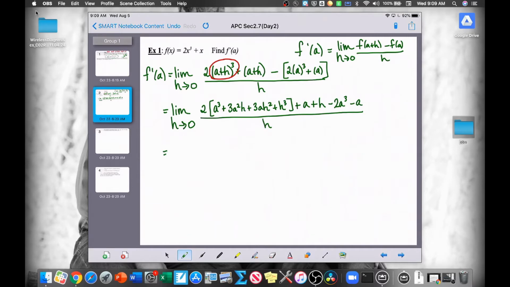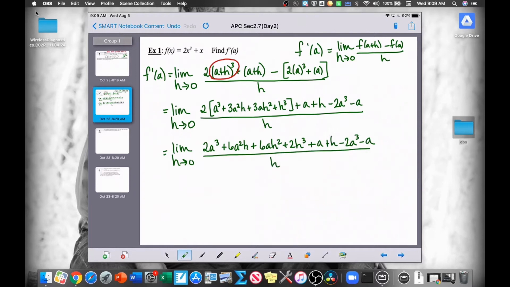Next step would be to distribute the 2 in our first term. So we have the limit as h approaches 0 of 2a cubed plus 6a squared h plus 6ah squared plus 2h cubed plus a plus h minus 2a cubed minus a all over h.